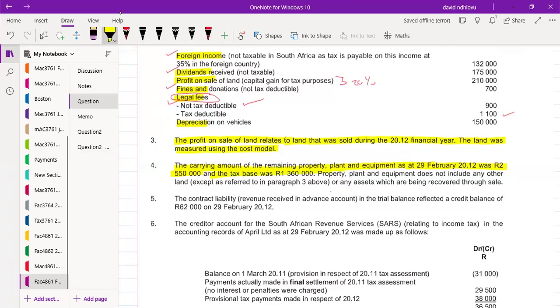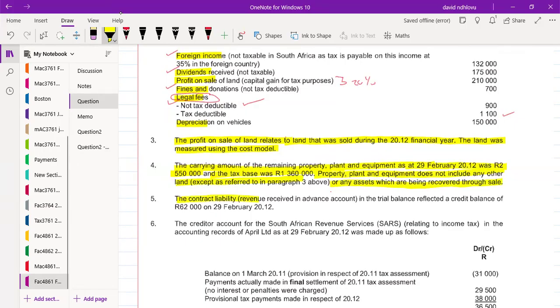So we have been given the carrying amount and tax base of the remaining property, plant, and equipment at the end of the year. The property, plant, and equipment does not include any land except as referred to in paragraph 3 above, or any assets which are being recovered through sale.